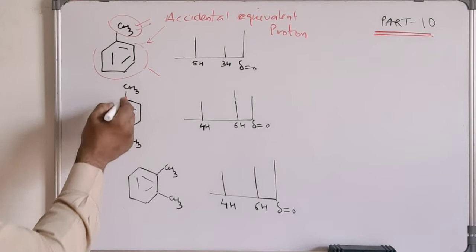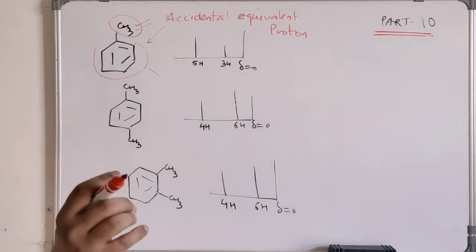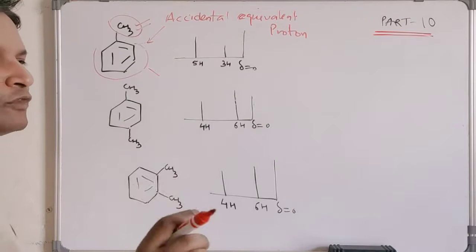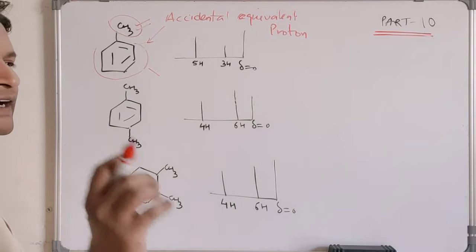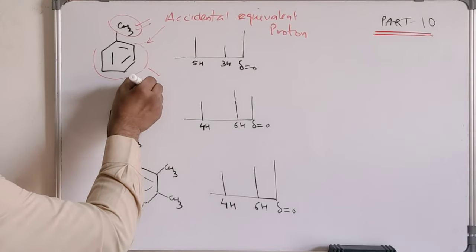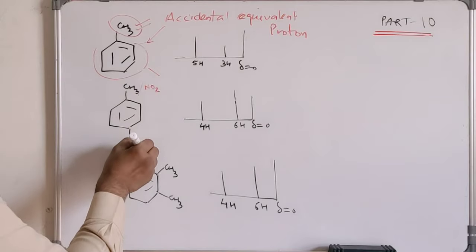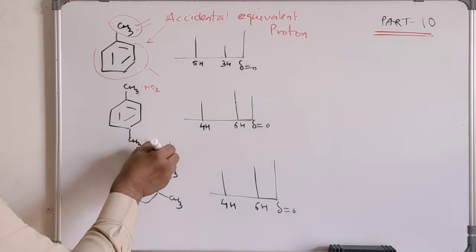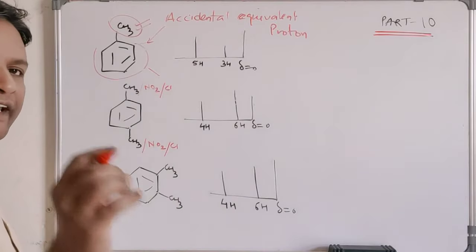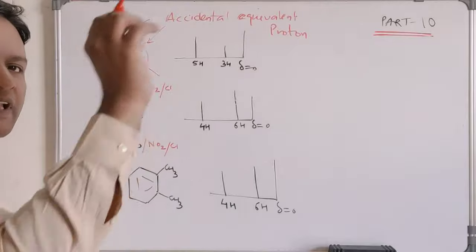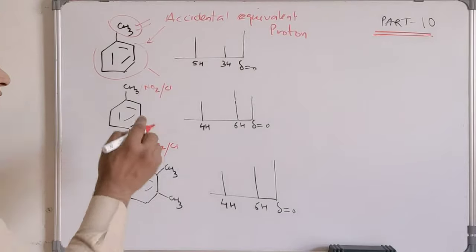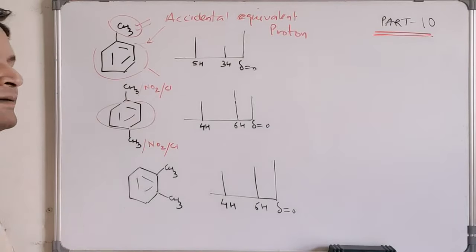If we have a paraxylene type of compound, a compound where the groups are para substituted and the group nature is the same, no matter whether it is electron withdrawing or electron donating, suppose instead of this CH3 I place here NO2, or I place here Cl, whatever the group nature, if they are the same, Cl, bromo, nitro, CH3, and they are at the para position, in that case all 4 protons will show the same chemical shift value.